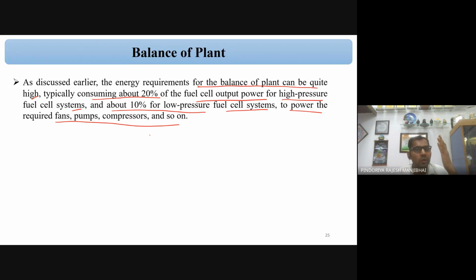So normally there is 20% for high pressure and about 10% for low pressure, required for auxiliary loads like the fan, the pump, the compressor and everything, correct?